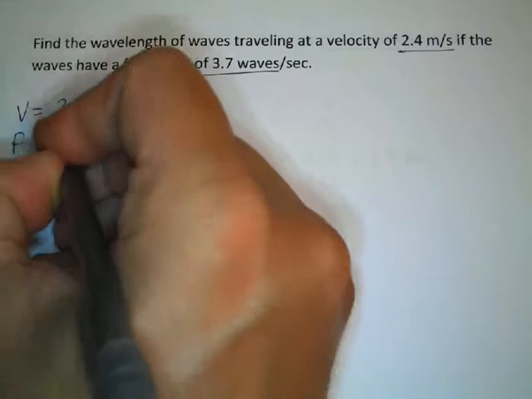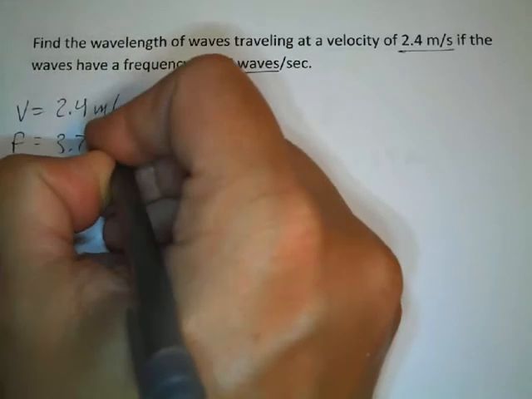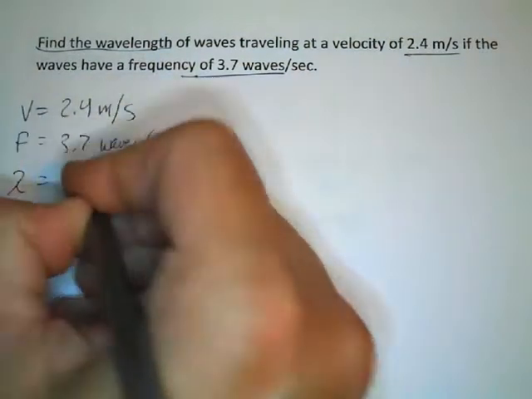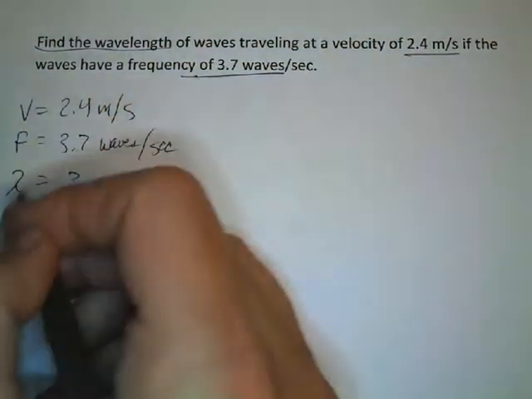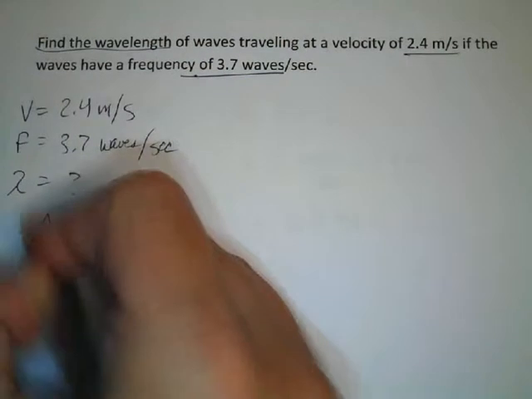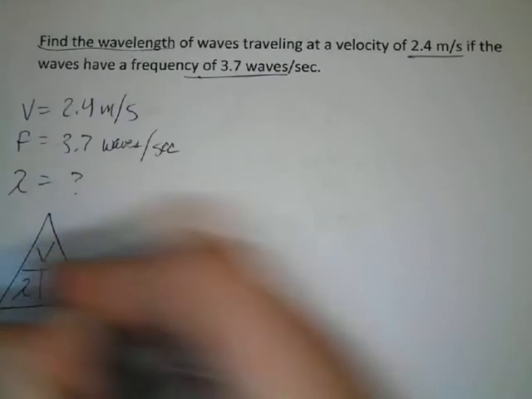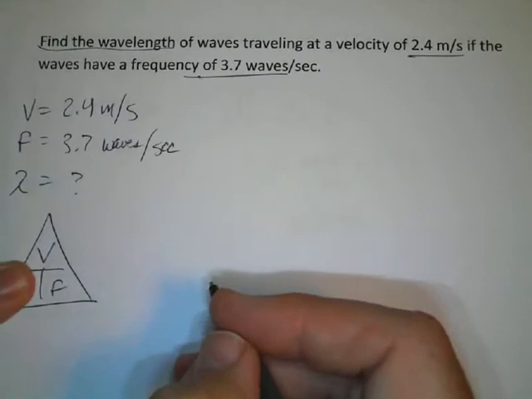And they're asking me to find the wavelength, so I'm looking for lambda. These three variables tell me that I'm using this equation again. Since I'm looking for lambda, this is the equation I'm going to use.